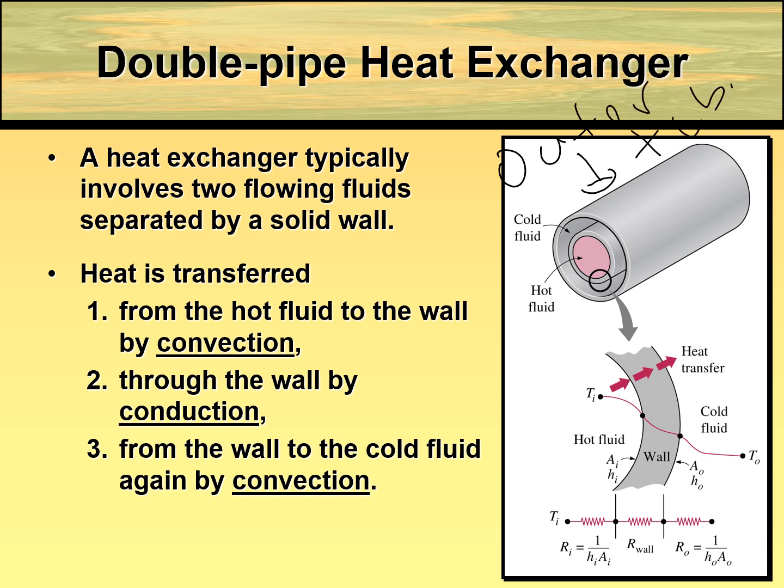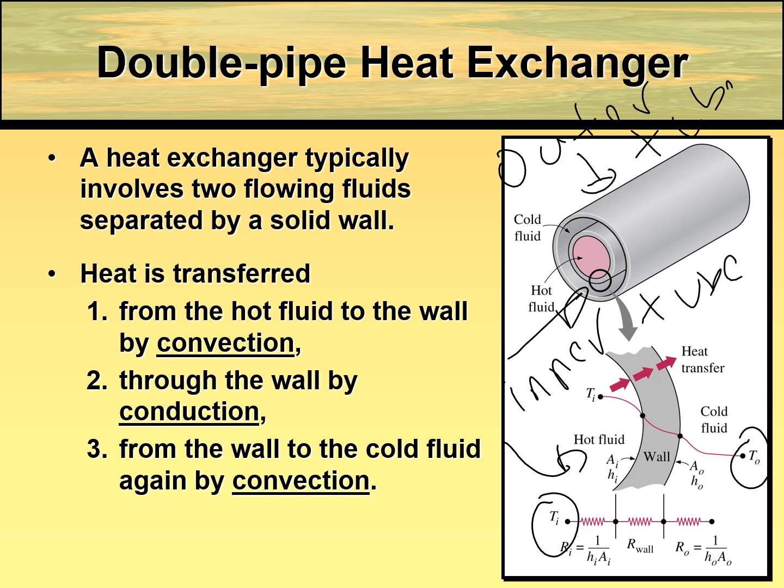This is a hot fluid running in the inner tube. So for the inner tube running with the hot fluid, this is the cross section, with the inner fluid temperature Ti and the outer fluid temperature To.